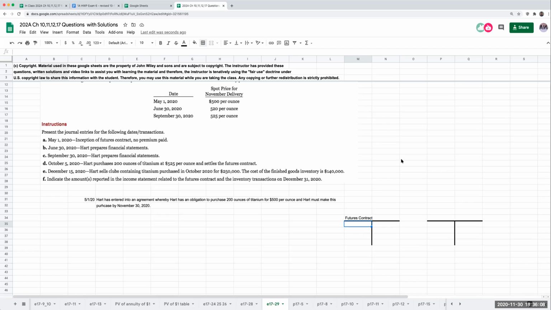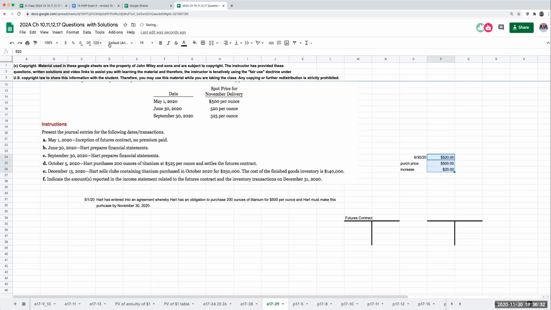So what is the value of this futures contract? The 6/30/20 value is going to be 520. The purchase price is 500. So the increase is $20 per ounce of titanium.